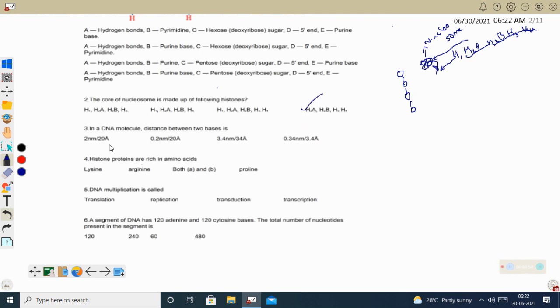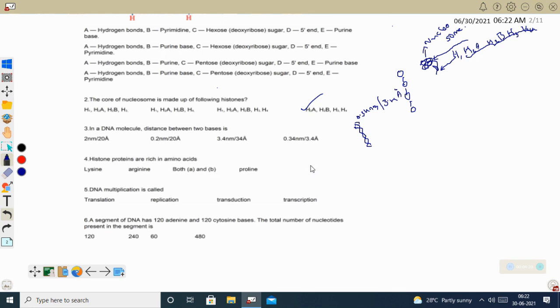Next question. In a DNA molecule, the distance between two bases is, see here, a DNA molecule is a molecule in which the base pairs are arranged at a particular distance. See here, this is one base pair and this is one base pair. So this distance they are asking about, this distance is 0.34 nanometer or 3.4 angstrom.